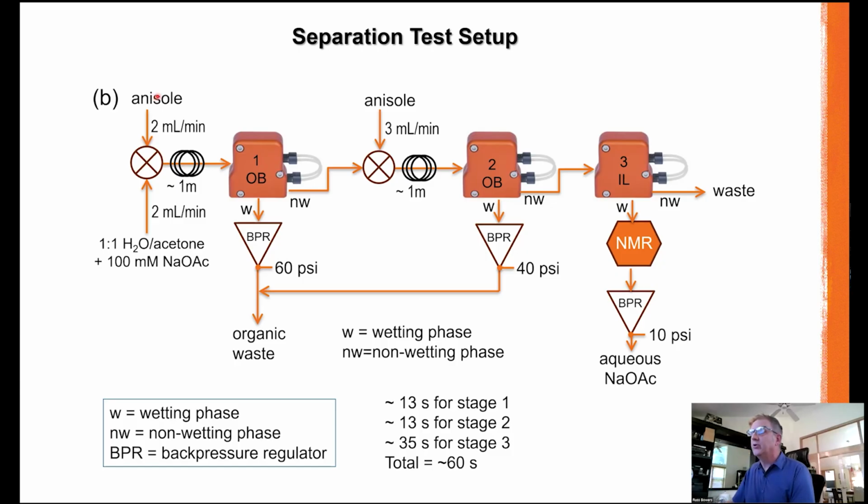So we're going to take our mixture of anisole with the 1-to-1 mixture of water and acetone and pass it through these separators with hydrophobic membranes in the first two stages. Then we're going to pass it through a final hydrophilic membrane and then acquire the NMR spectrum.